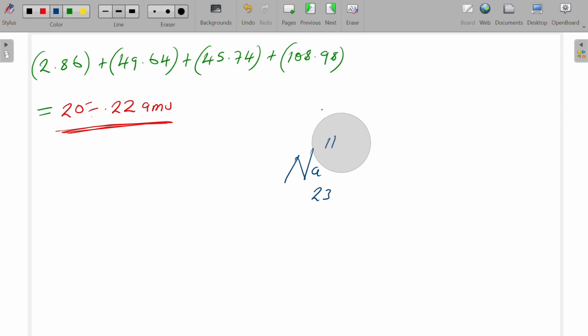It represents the number of protons in that nucleus. And then the bigger value is what we call the mass number, or the molar mass. Now, this one here represents the number of protons added to the number of neutrons in the nucleus of this atom. So this is the number we are looking for, the bigger number, not the smaller number that represents the atomic number, but the mass number that we have here.